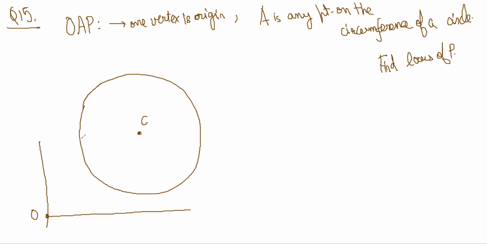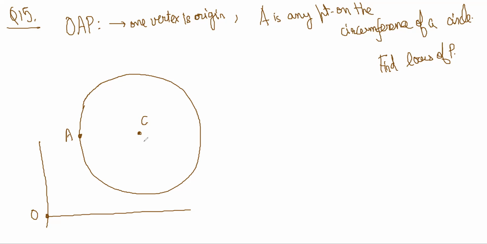So A is here and P is a moving point, an arbitrary point.